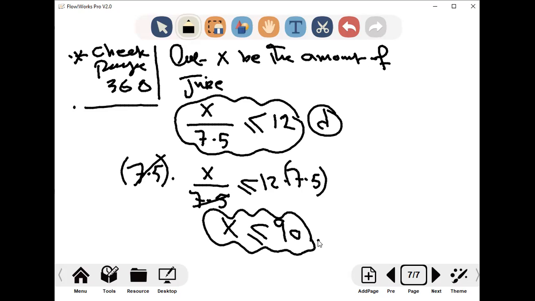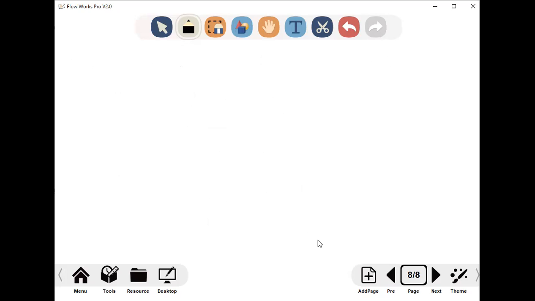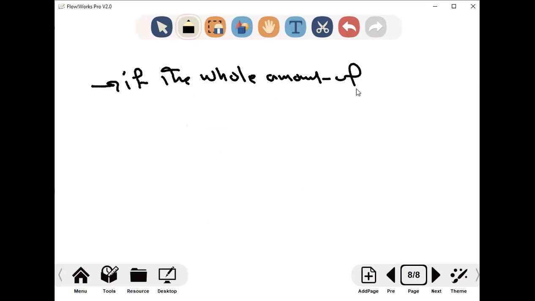When can we use multiply here? Focus now on what I will tell. If the whole amount is known, if x is known, assume that, look here. Focus. If the whole amount of juice, assume for example 80 ounces.